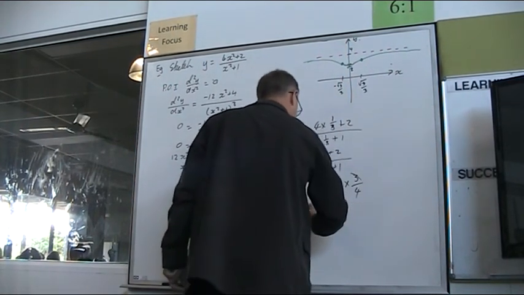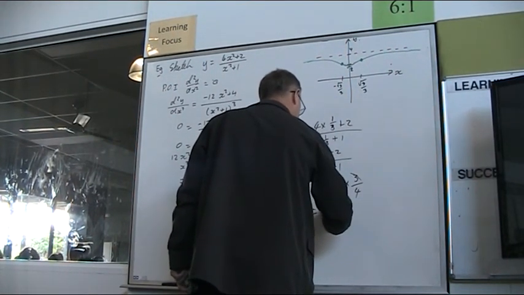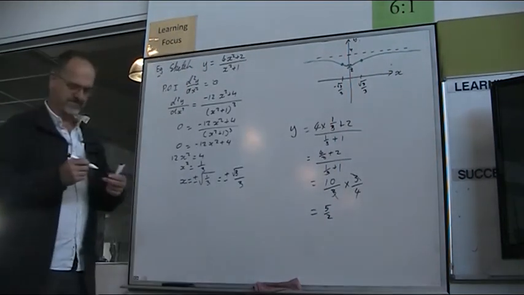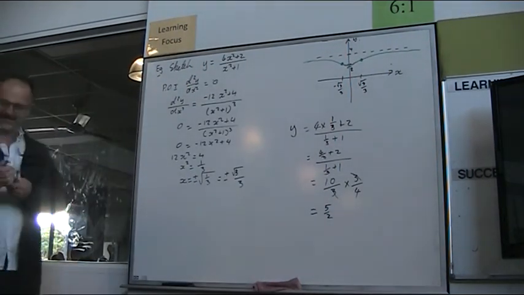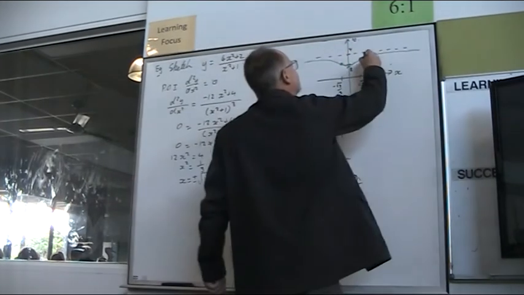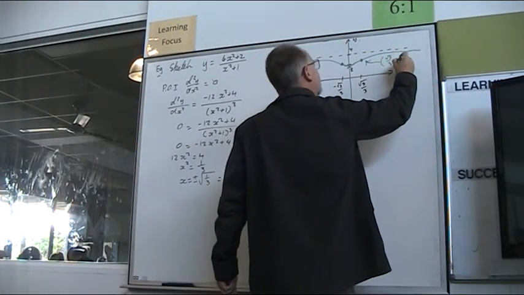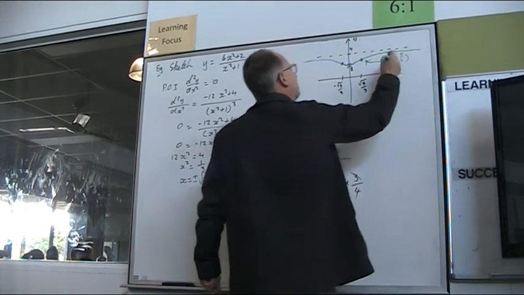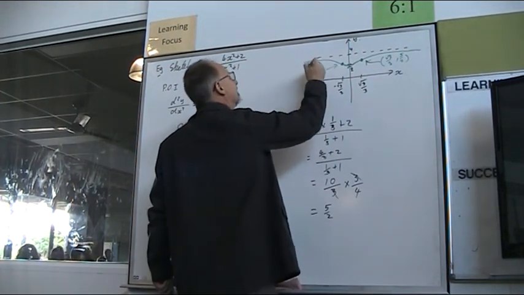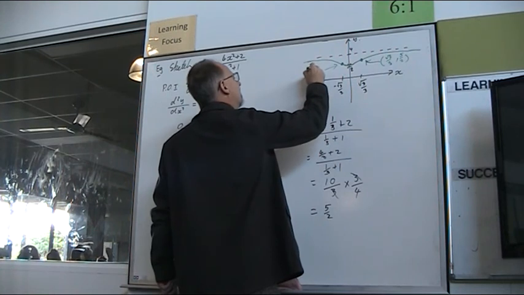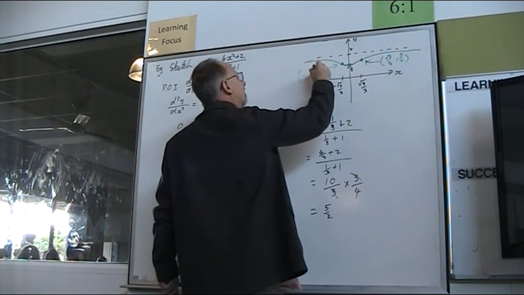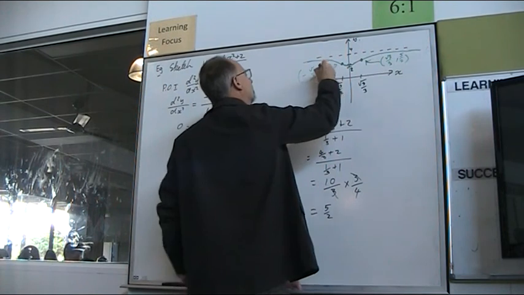Dividing by a fraction, flip it over and multiply. 5/2. There we go. That point there is root 3 on 3 and 5/2. And this one here is negative root 3 on 3 and 5/2.